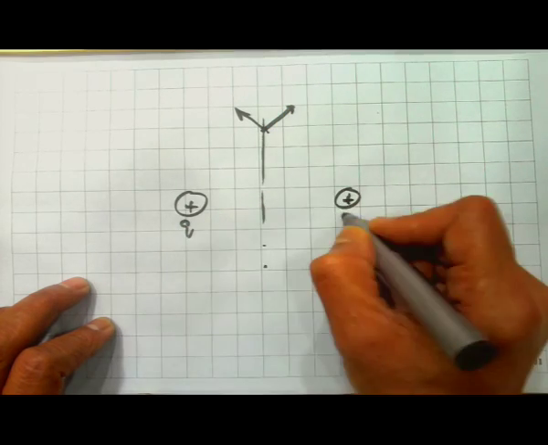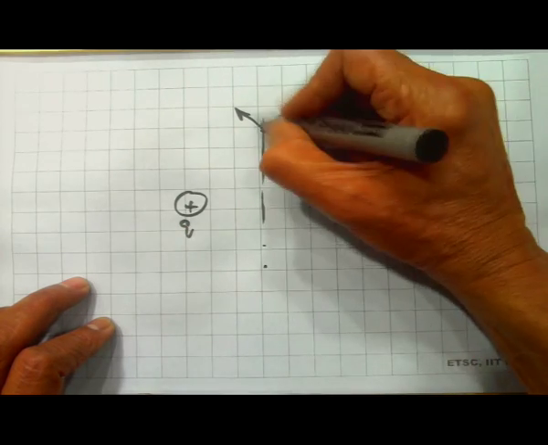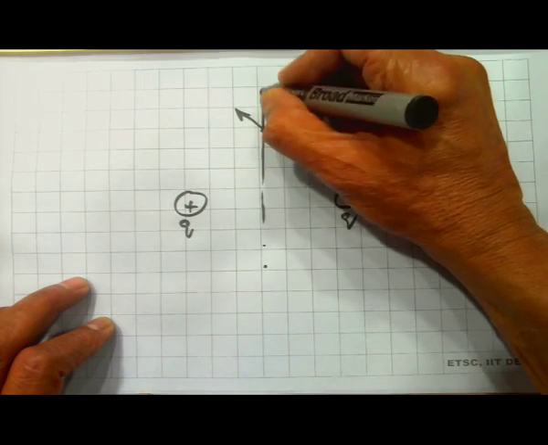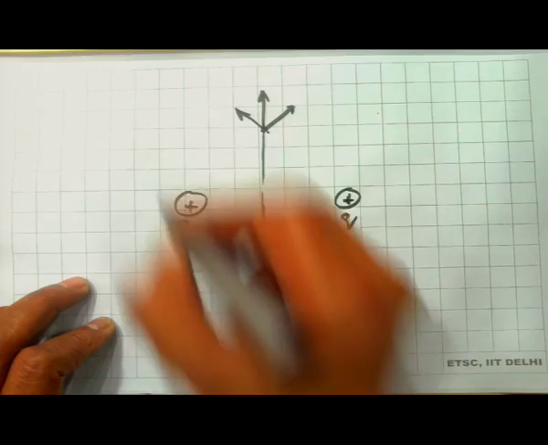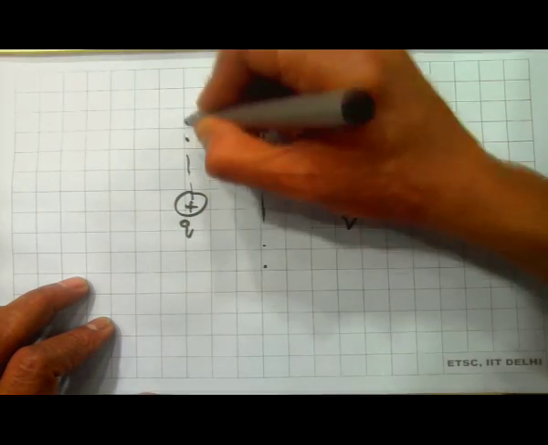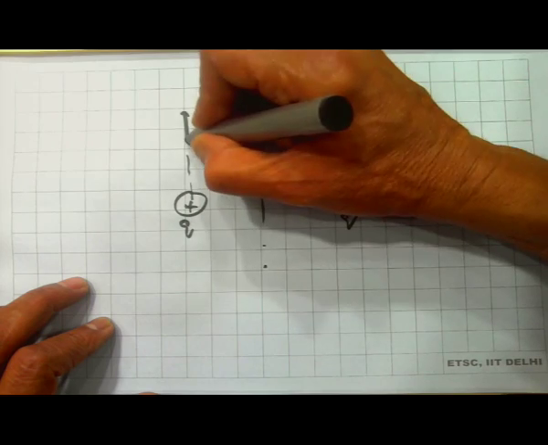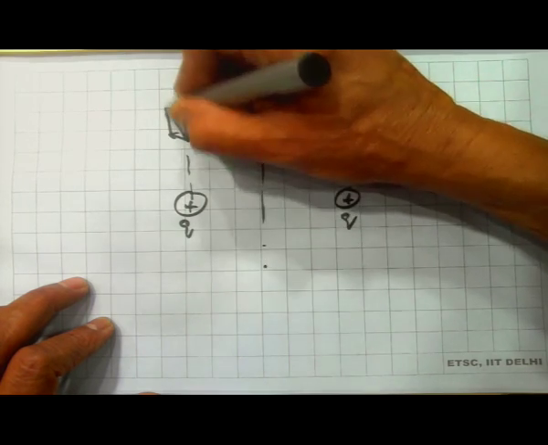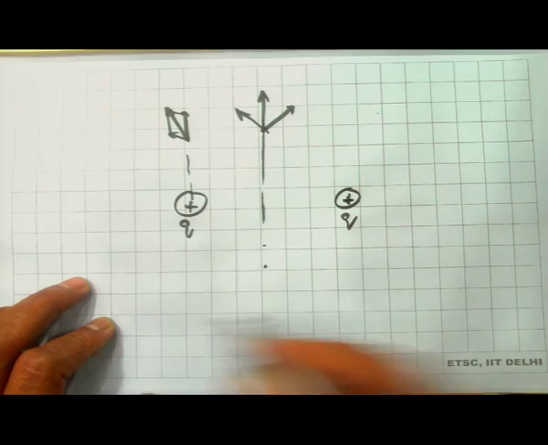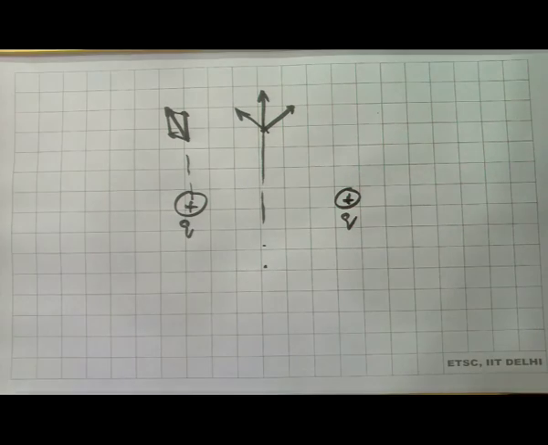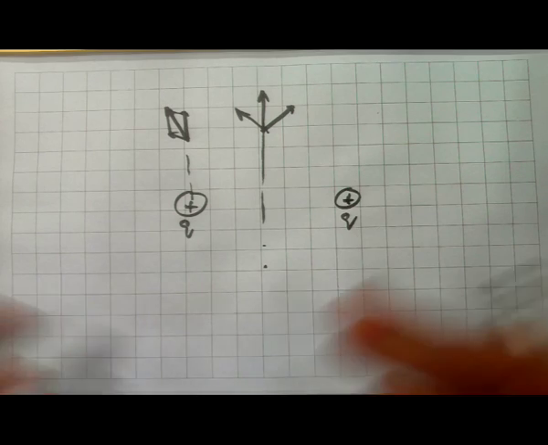Both are the same charges, and the directions are like this, and so the net will be in this direction. Similarly here, if you calculate, this will be like this and this will be like this, and the net will be in this direction. So this way you can again form a set of curves showing the electric field lines.